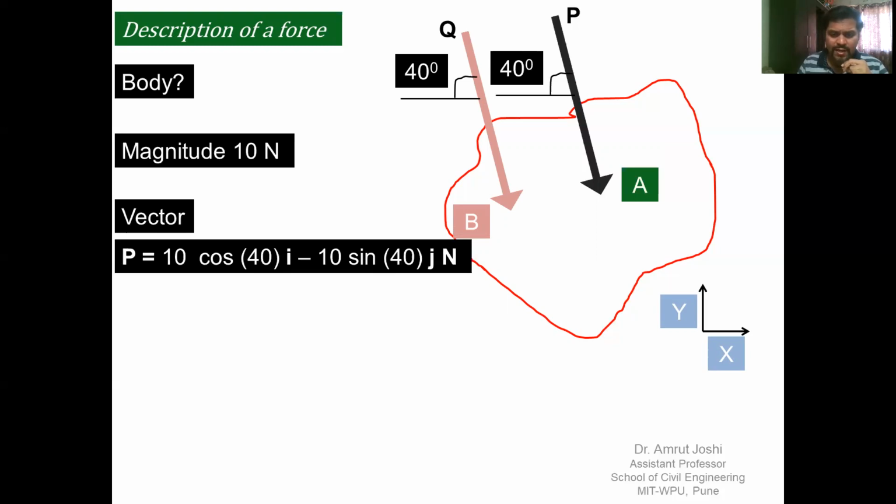So vectorially, if I try to represent this force Q, then the vectorial representation is same as vectorial representation for force P. So as far as a mathematician is concerned, these two forces are equal. However, you will understand that these forces do produce different effects on different points on the body.